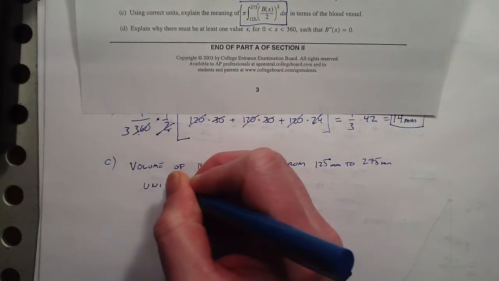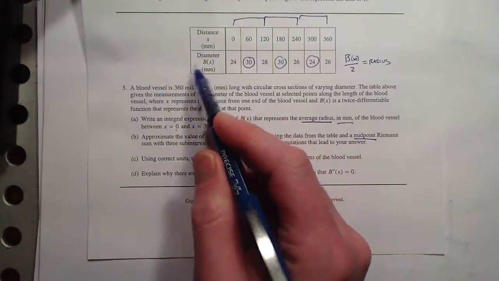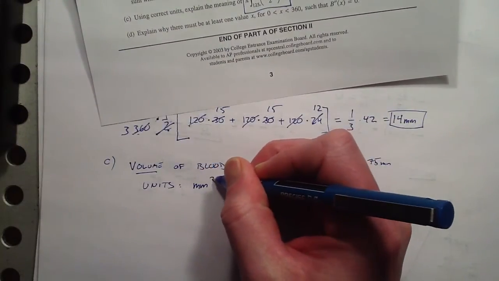And what would the units be? Well, it's a volume, and since all our distances are measured in millimeters, the units would be cubic millimeters.